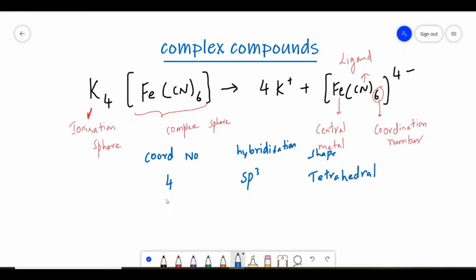The same coordination number 4 sometimes can also have dsp2 hybridization, and this will have the shape of a square planar. And you can also have 5, which is sp3d, trigonal bipyramidal.